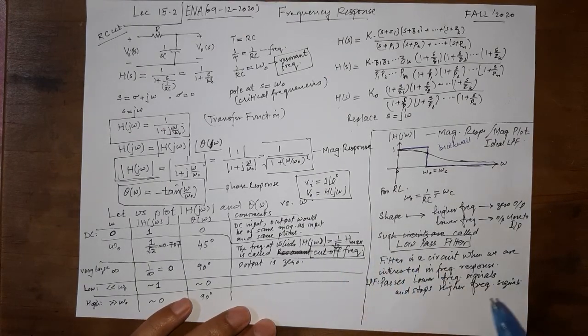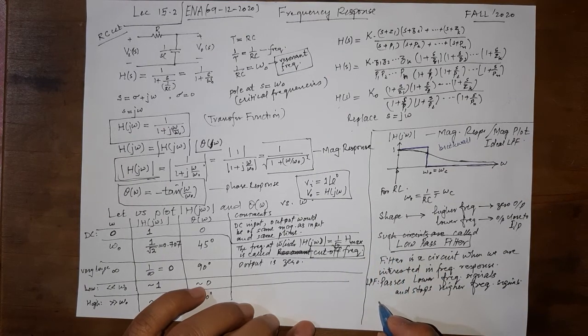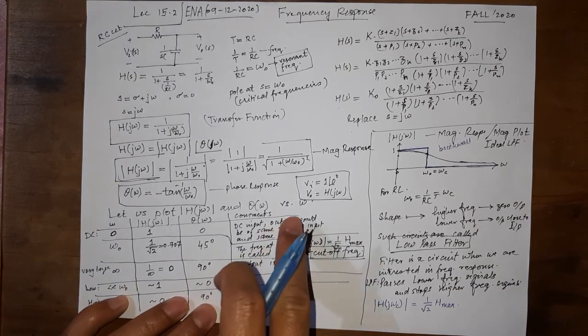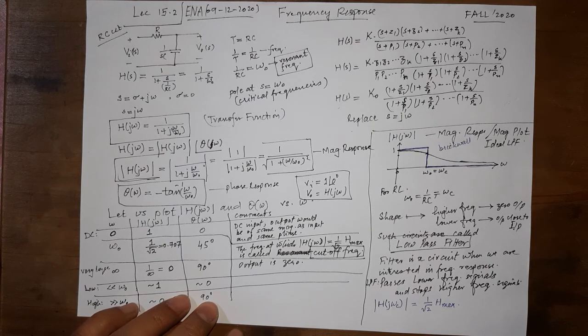So at the cutoff frequency, the magnitude is 1 by root 2 times the maximum value of the response.